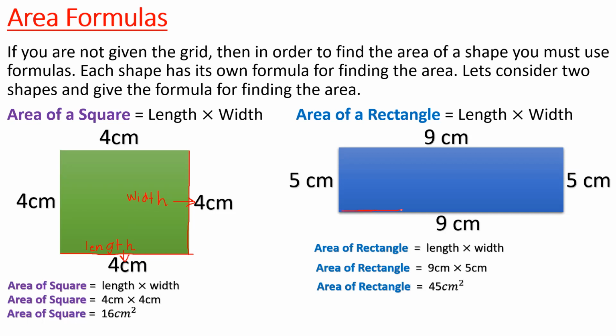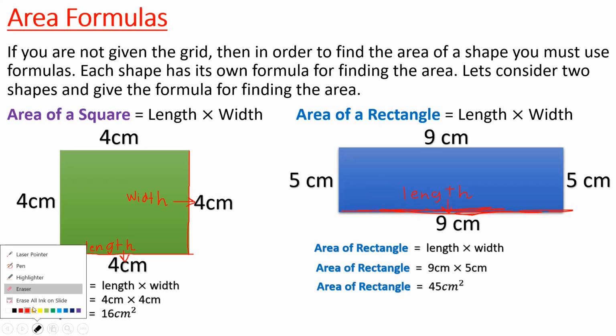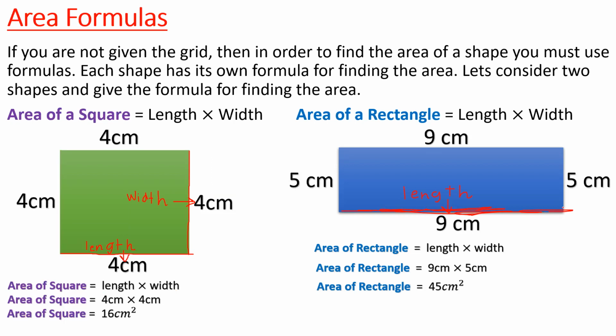So remember the length, right? The length is this side. This is the length. The length is going to be 9 centimeters. The length is always the longest side. And obviously the width, let me put it on this side, for the sake of consistency, the width is going to be the shorter side.